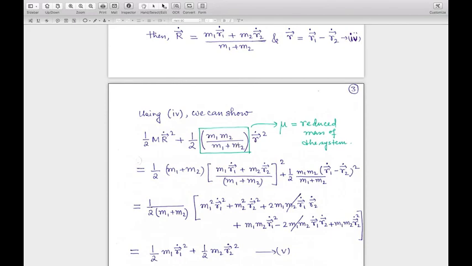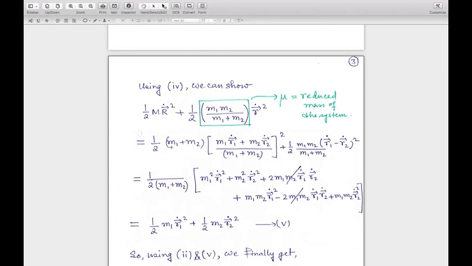This in general we call mu, the reduced mass of the system. When this is written and expanded, this term simply gives half m1 plus m2 times the definition of R dot square, plus half mu times the definition of small r dot, which is r1 dot minus r2 dot, whole square.